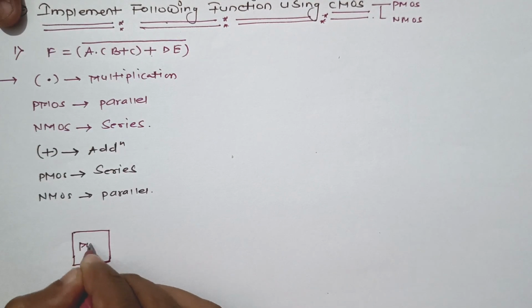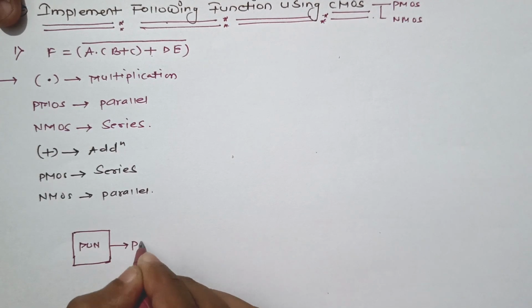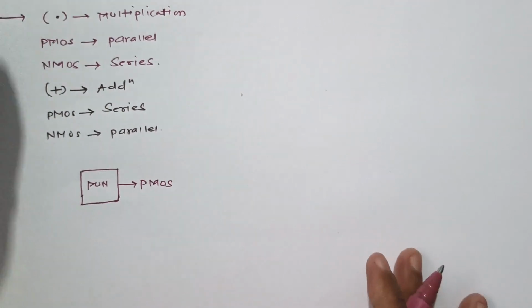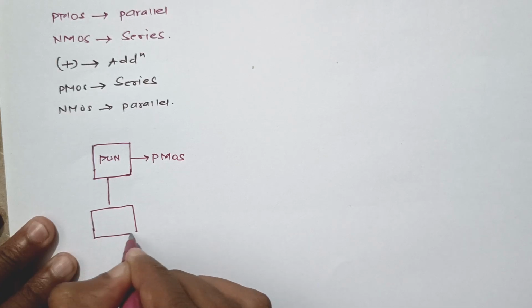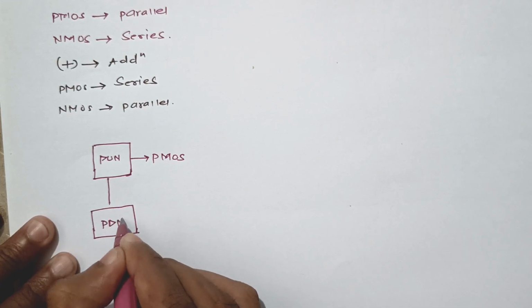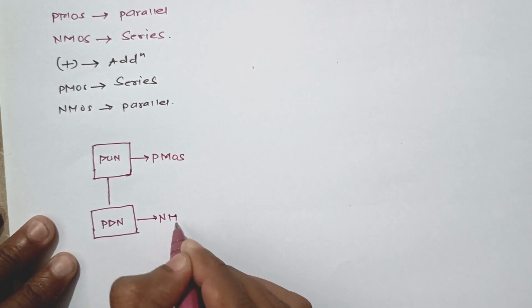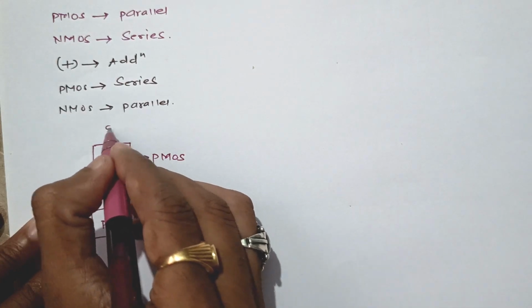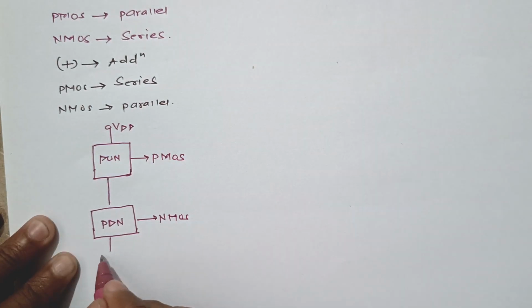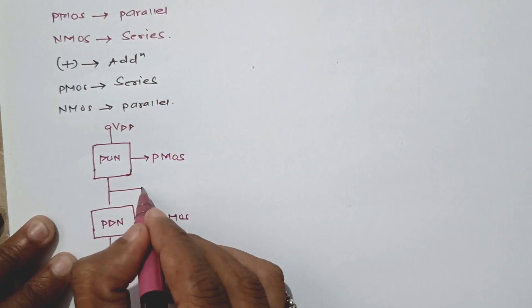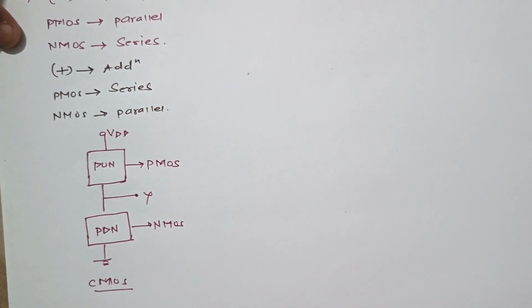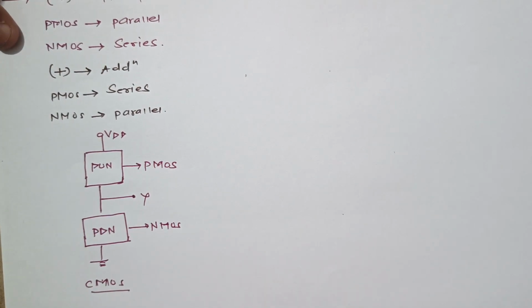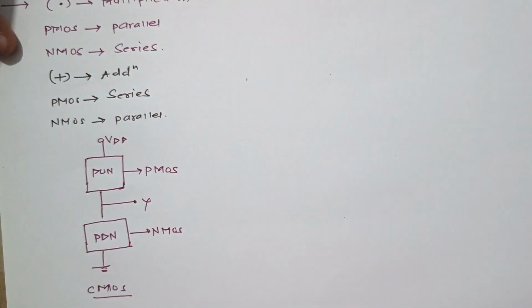So here we can write pull up network, which is basically our PMOS, which will be connected in tandem with a pull down network, which is nothing but our NMOS, and the output will be taken in between PMOS and NMOS. So this becomes our arrangement of complementary metal oxide semiconductor. Now we'll make use of this concept and implement the given function.